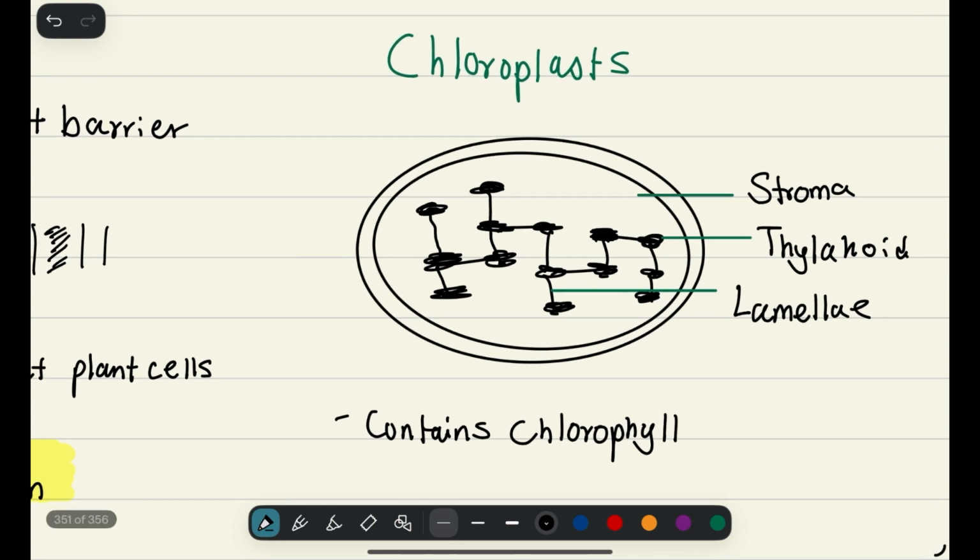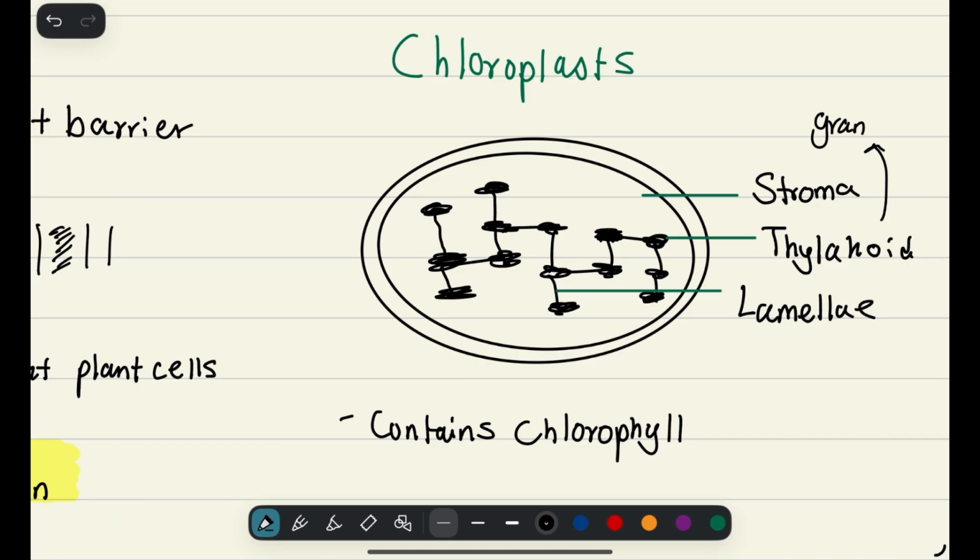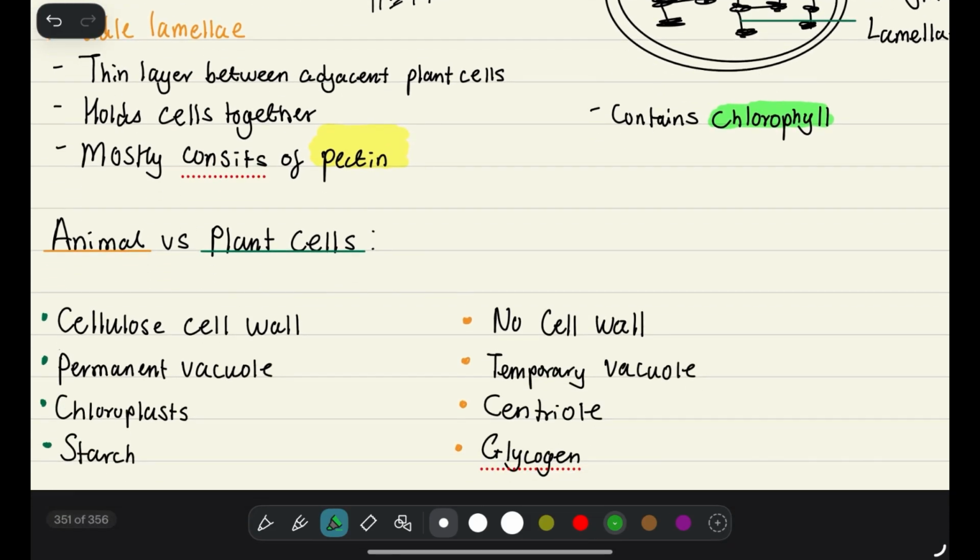And a stack of thylakoids is called a granum. Again, we'll talk more about it in topic 5. And finally, lamellae. Again, same word. So sorry about it. But lamellae join your thylakoids together. Yeah. And the main thing about chloroplasts is they contain the pigment chlorophyll, which is going to be very, very important for photosynthesis. But again, that's topic 5's problem.